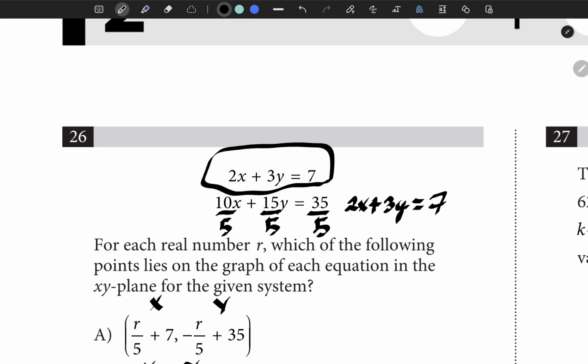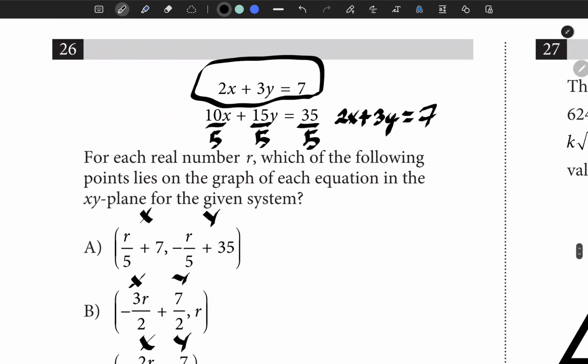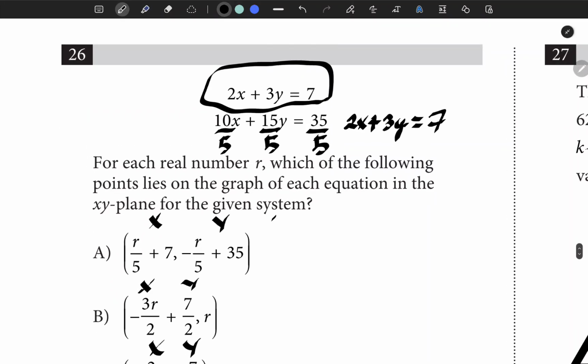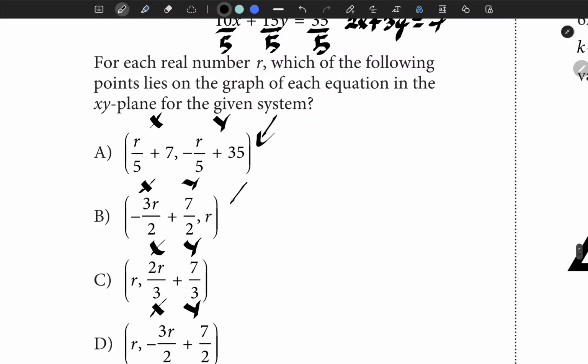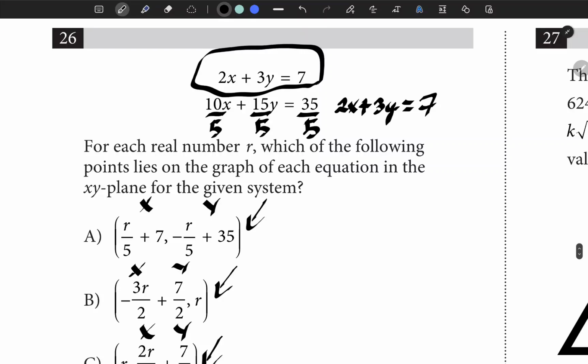We don't have to double check the other, so we can only check one of them. The hard part is you're going to have to plug in x for all of those and see what you get for y.